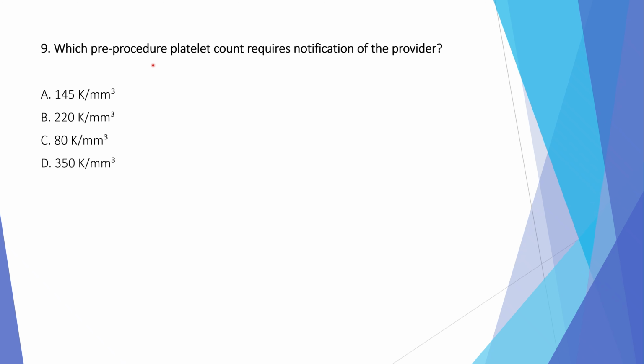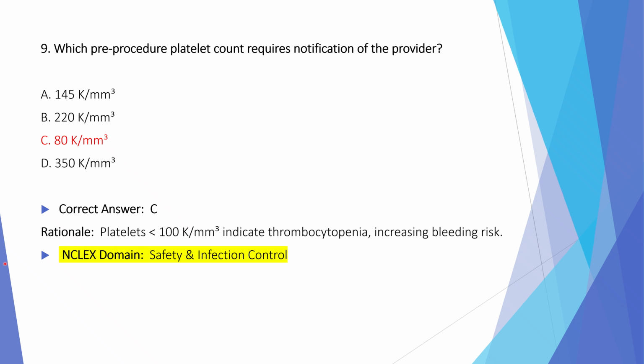Which pre-procedure platelet count requires notification of the provider? A. 145, B. 220, C. 80, D. 350. 80. Why? Because below normal indicates thrombocytopenia. Penia means low, that is the suffix, increasing bleeding risk.